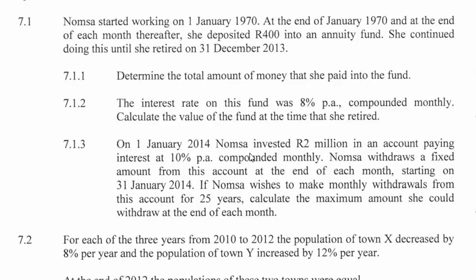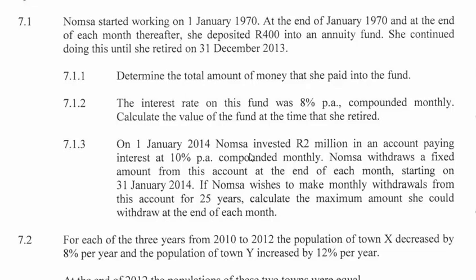Do you understand? It doesn't include the interest that she earned. It's not asking how much is her annuity worth or what's the future value of her annuity. It's just asking how much money did she herself put in. So isn't it the number of years times the amount? Not the number of years, because she did it monthly.